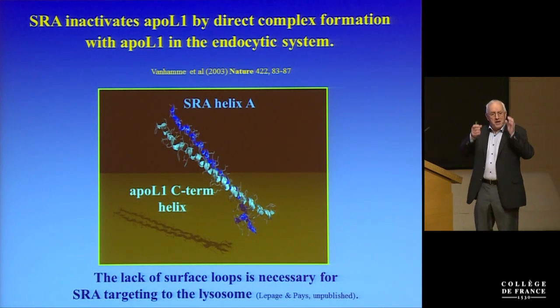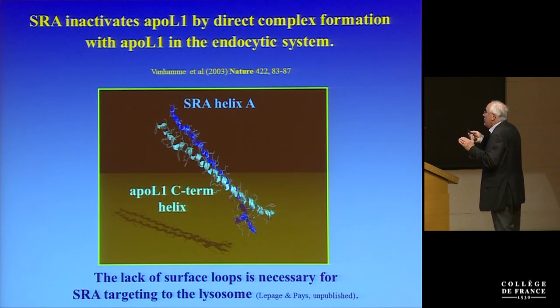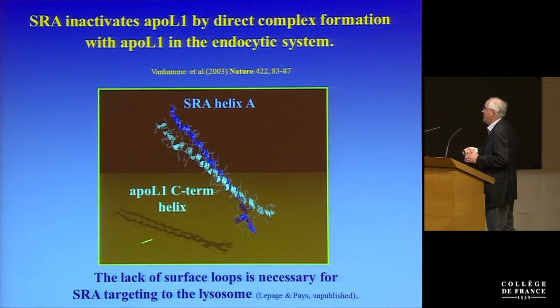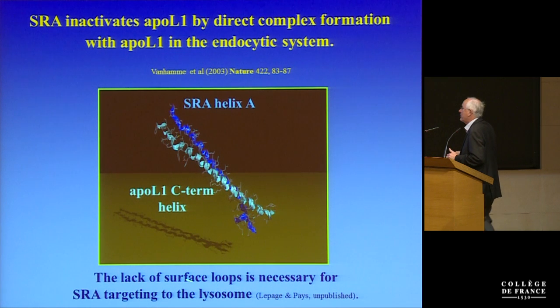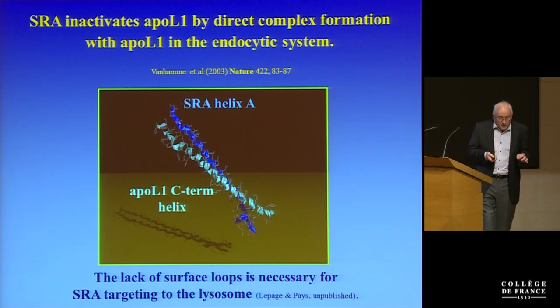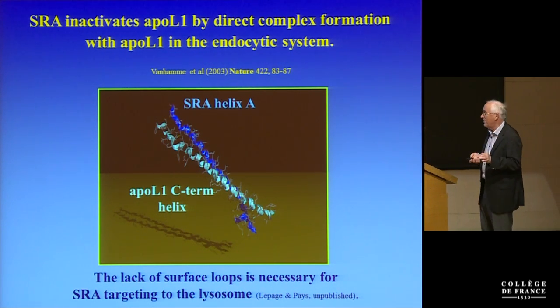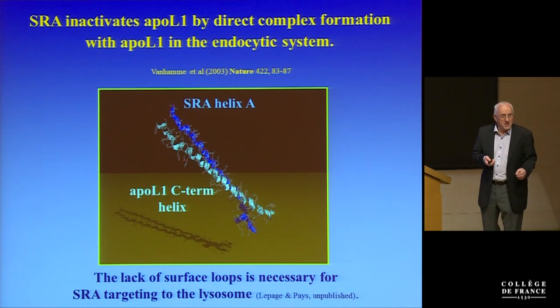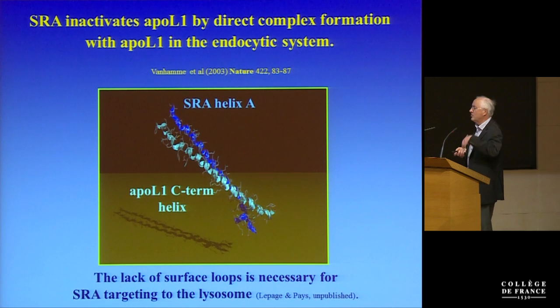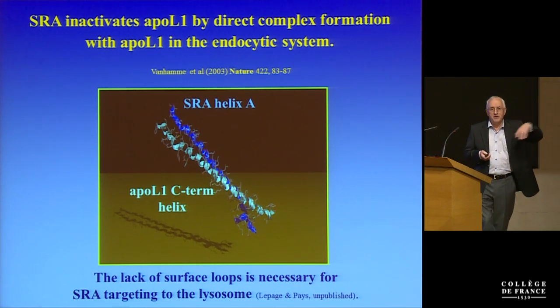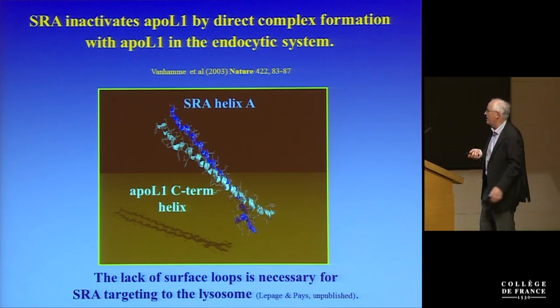Interestingly, at least in my eyes, the fact that SRA is depleted of surface loops is because it's necessary for this protein to reach ApoL1. Normal VSGs go to the surface. They play with antibodies. They are targeted to the plasma membrane.